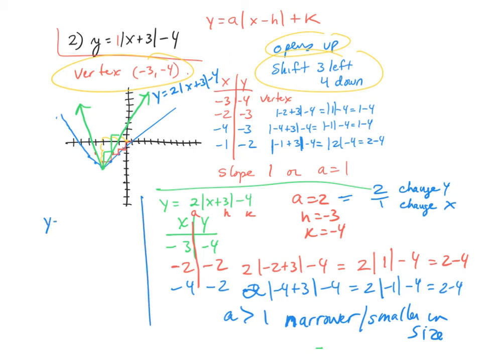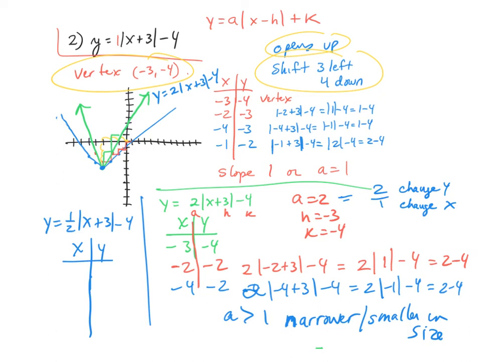If I did y equals 1/2, absolute value of x plus 3 minus 4, again, it'll keep the same vertex. But the thing that's going to change is what my y values are.